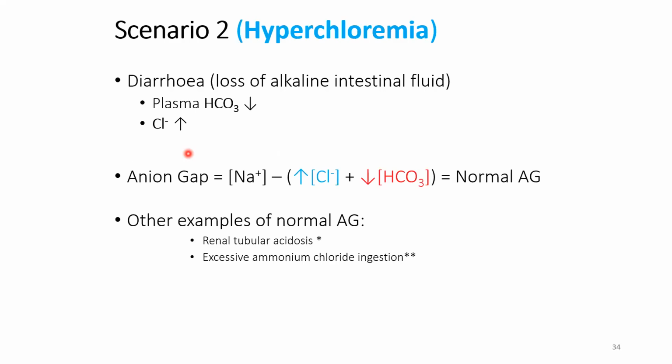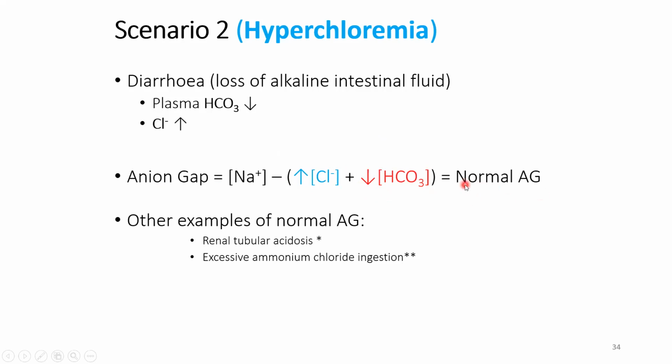Now, in diarrhea, this is what happens. Plasma bicarb obviously goes down because it's a metabolic disorder. Chloride goes up because of the imbalance between the alkali lost in the intestinal fluids and the comparatively increased HCl present in the stomach. So chloride goes up, bicarbonate always will go down because of the metabolic nature of the disorder, now you solve this anion gap equation.